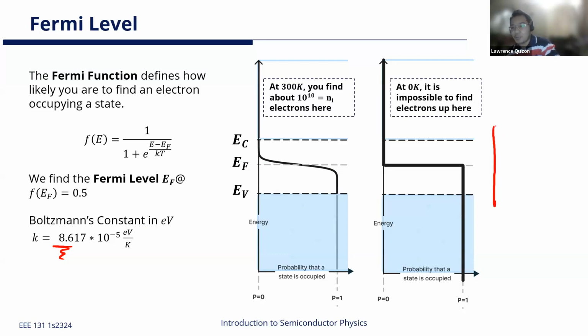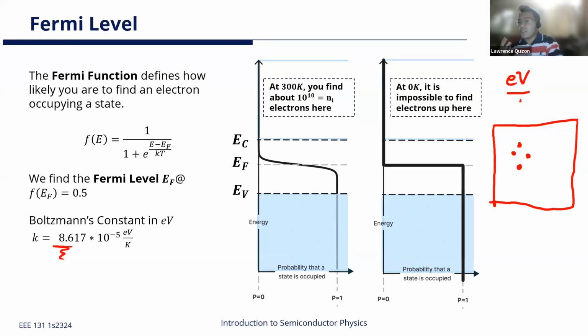I know maybe some of you have trauma hearing this term, but given a box of ideal gas, Boltzmann related the temperature of that ideal gas to the amount of energy that each particle has. So each particle gains a set amount of energy depending on the temperature.